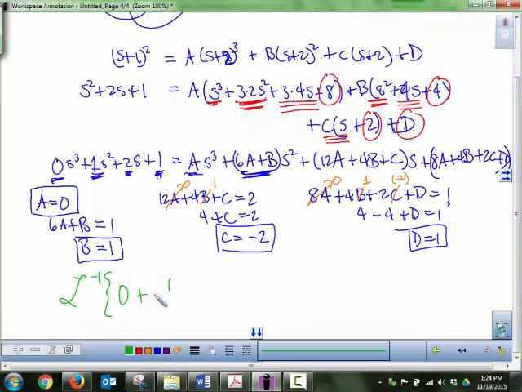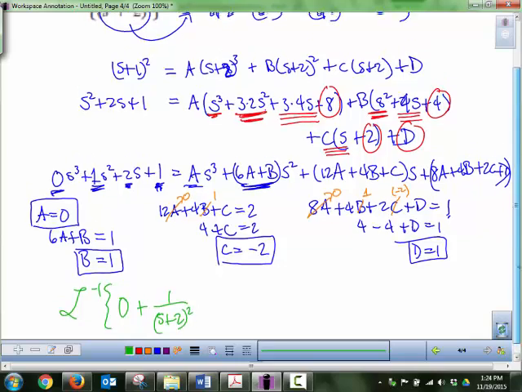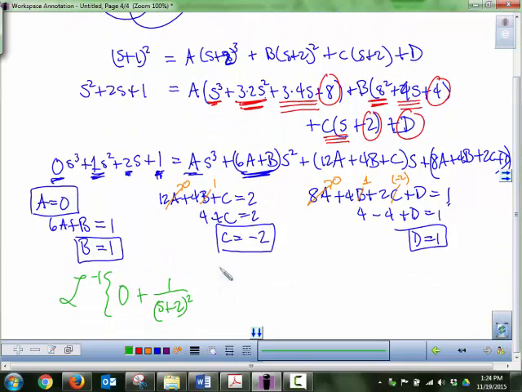So B is 1. C over (s plus 2) cubed. So I'm going to put a negative 2 over here and keep the 1. Those things have factorials on top.